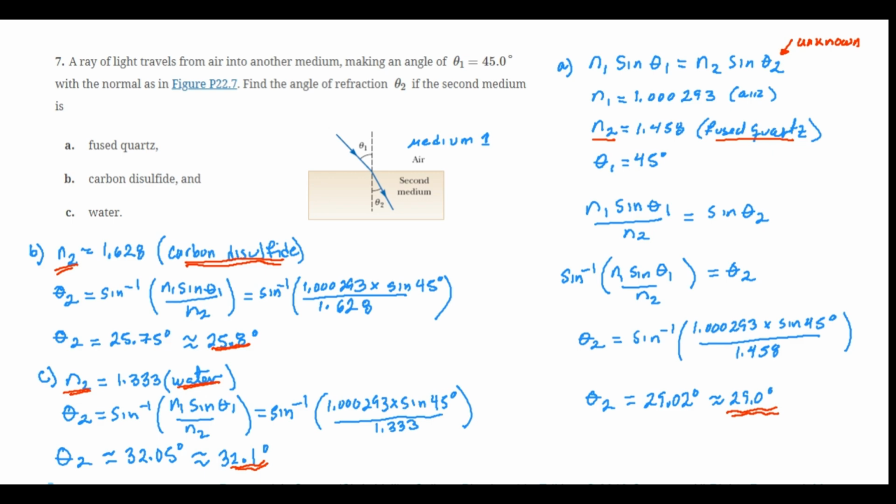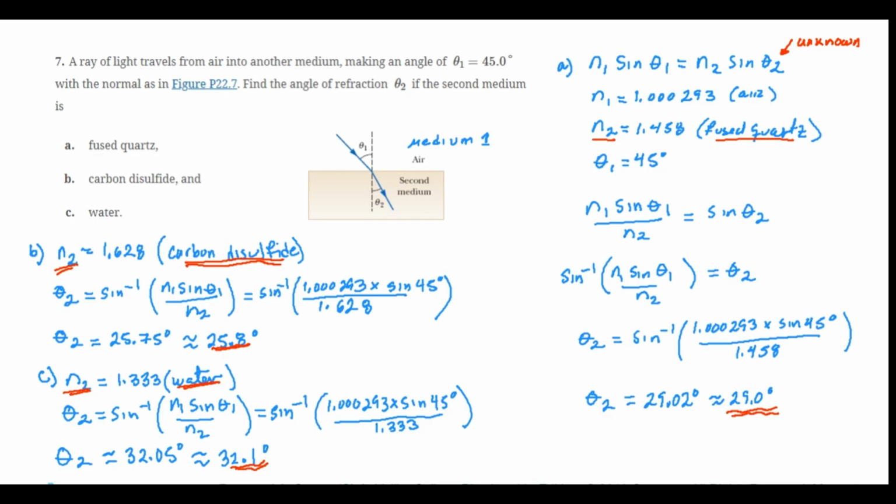So in the case of the fused quartz, right, the refracted ray will move a lower angle away, sorry, in this case, toward, by the way, just toward the normal, right? But remember that we said that the higher the index of refraction, the more that the refracted ray will bend toward the normal.